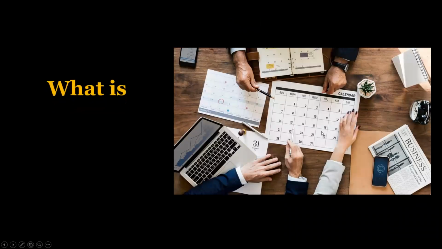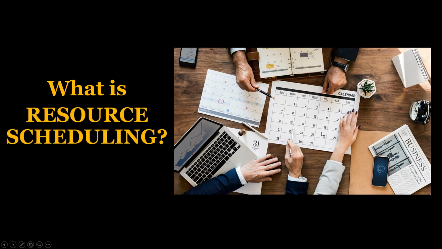Now we move on with what is resource scheduling. Okay, so resources are people, equipment, place, money, or anything else that you need in order to do all of the activities that you plan for. So every activity in your activity list needs to have resources assigned to it.